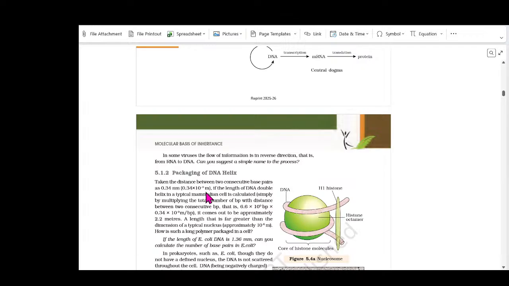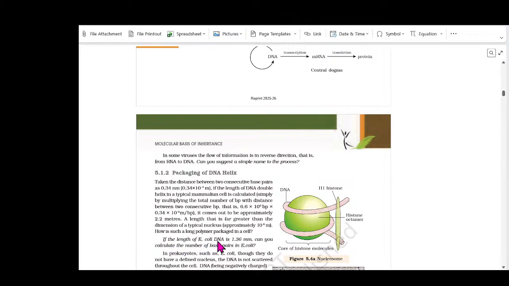If the length of the DNA double helix in a typical mammalian cell is calculated, simply by multiplying the total number of base pairs with the distance between two consecutive base pairs, that is 6.6 × 10^9 base pairs × 0.34 × 10^-9 meter per base pair, it comes out to be approximately 2.2 meters, a length that is far greater than the dimension of a typical nucleus, approximately 10^-6 meter. How is such a long polymer packed in a cell?